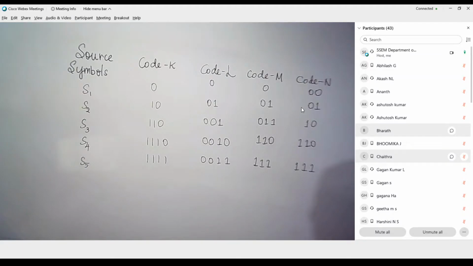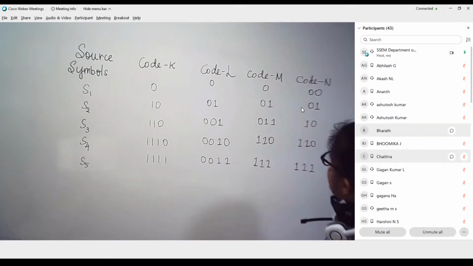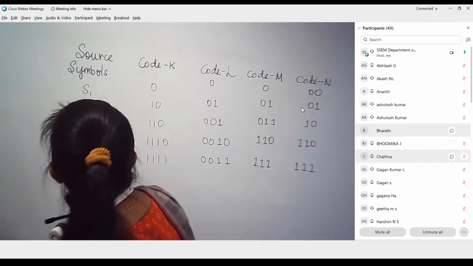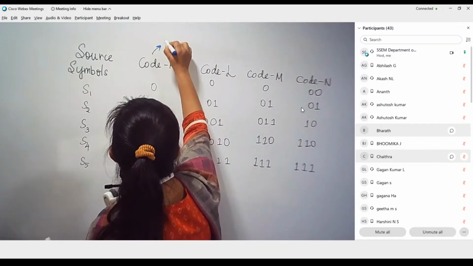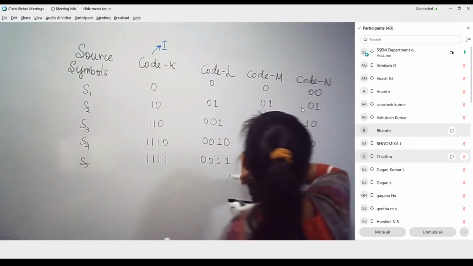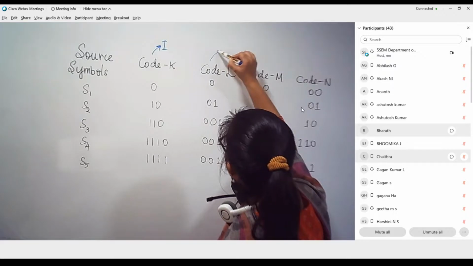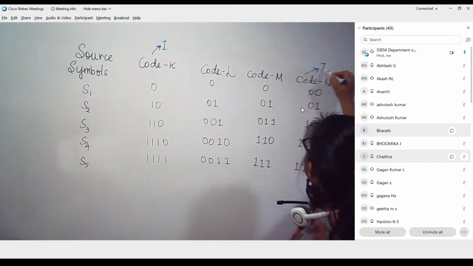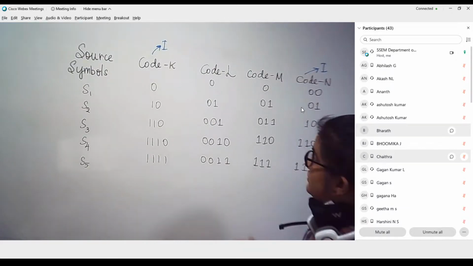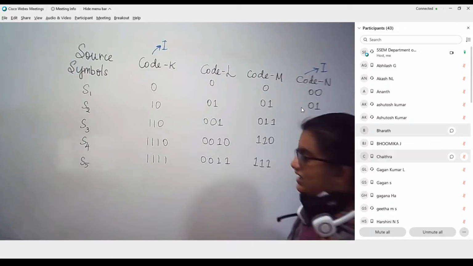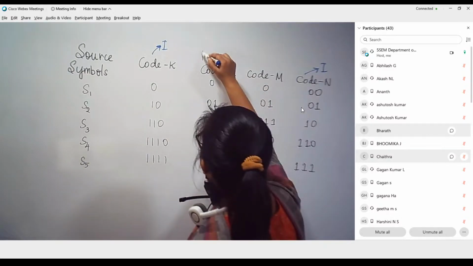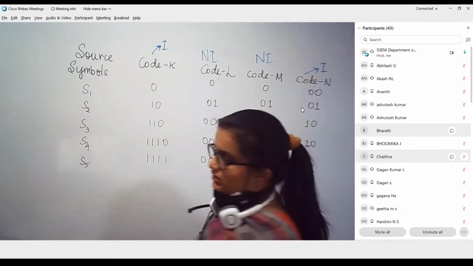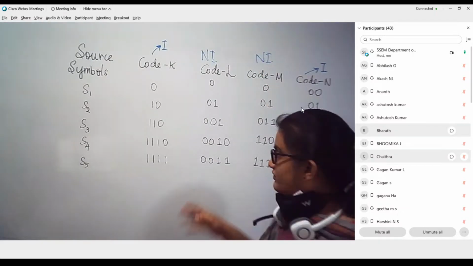By verifying the prefix property, you can say that K is instantaneous. You are saying L is also instantaneous. Let us see to that. Code N is instantaneous. Okay. But no, ma'am, L is not instantaneous. L and M are not instantaneous. So you can visually see this and then you can verify.